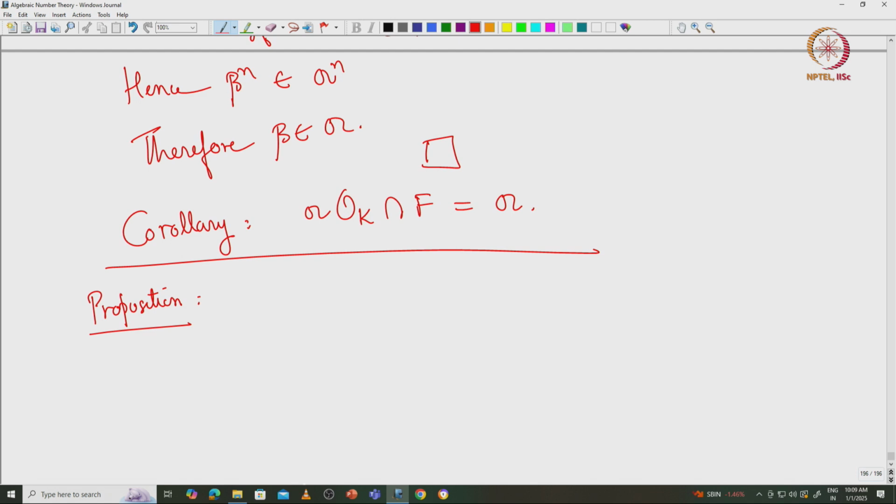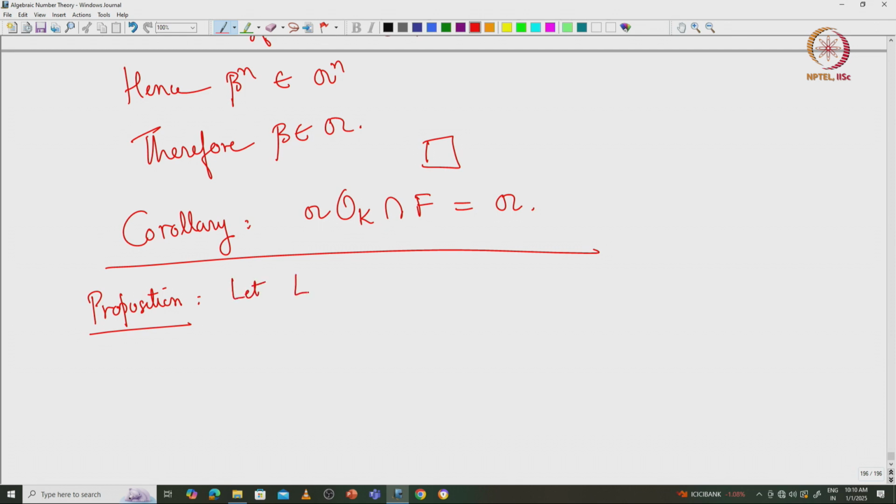Before doing that, we need a bit of notation. So here is a bit of notation.